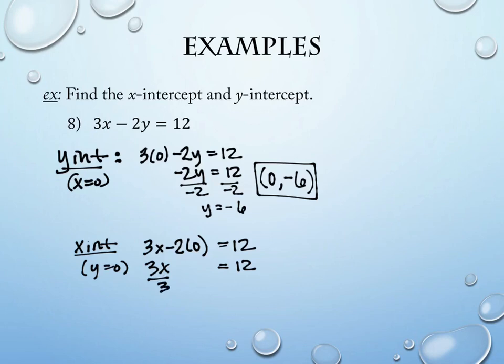Divide by 3. 12 divided by 3 is 4. So my x-intercept then is an x value of 4 and a y value of 0. Any questions on that?